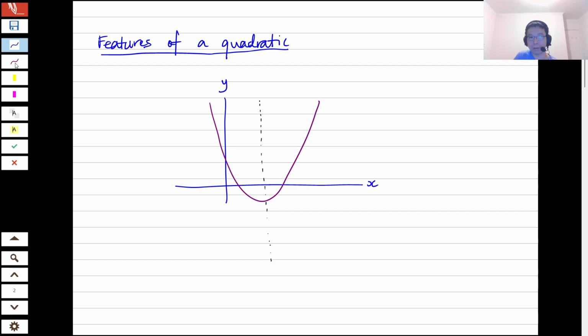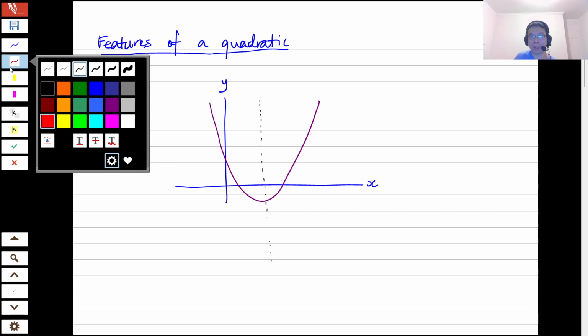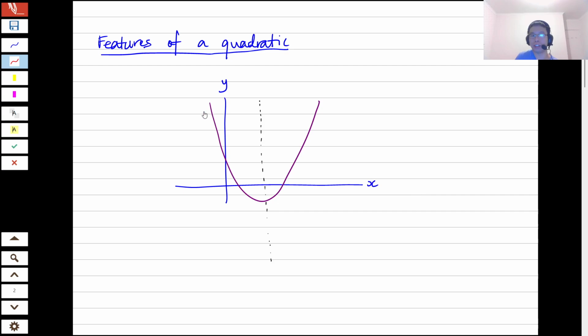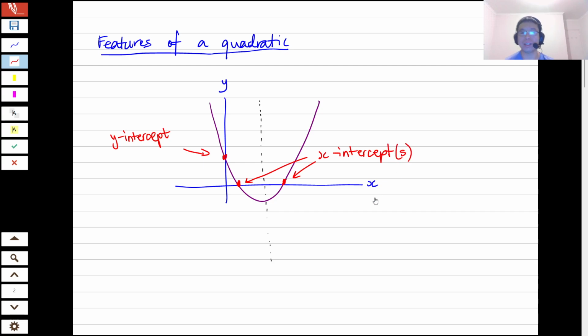Here's a quadratic graph, and I want to just briefly point out some key features that you should be aware of. So first, we have the y-intercept. This is the point where the graph intersects the y-axis or the vertical axis. Similarly, we have the x-intercept or the x-intercepts, depending on where the graph is positioned, and this is where the graph intersects the x-axis or the horizontal axis.